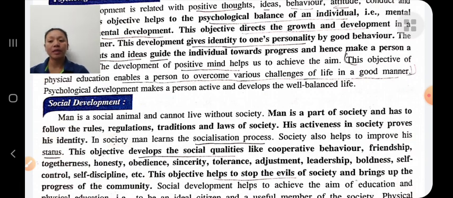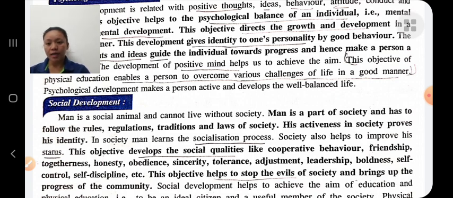If a person participates in physical education, it provides an opportunity for a player to interact with others, in games, groups, etc. This helps an individual to learn social qualities like cooperation with each other, friendship, togetherness, honesty, obedience, sincerity, tolerance, adjustment, leadership abilities, self-discipline, etc. These social qualities develop if a man participates in physical activity.